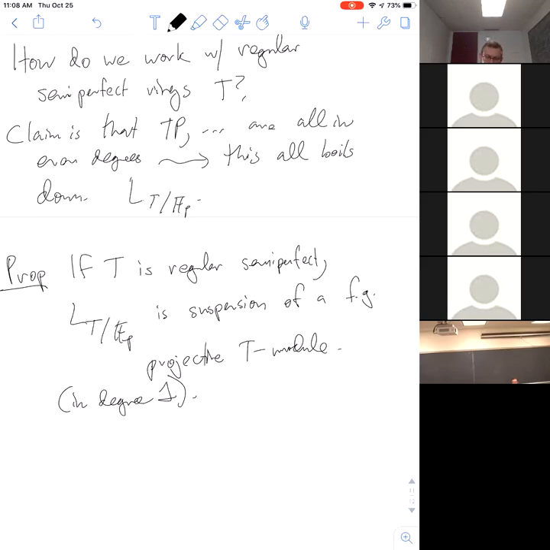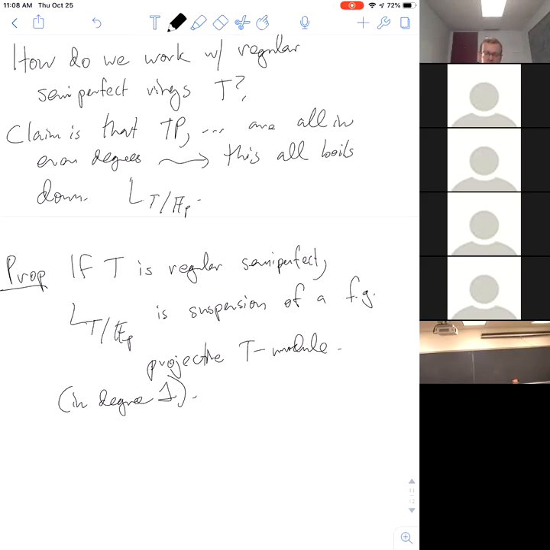If you have a regular semi-perfect ring, which is the more general thing we need to consider, then the cotangent complex is still pretty controllable. It's no longer just a module in degree 0, but now it's shifted by 1. It's not too messy homologically. It's just a suspension of a finitely generated projective T-module.